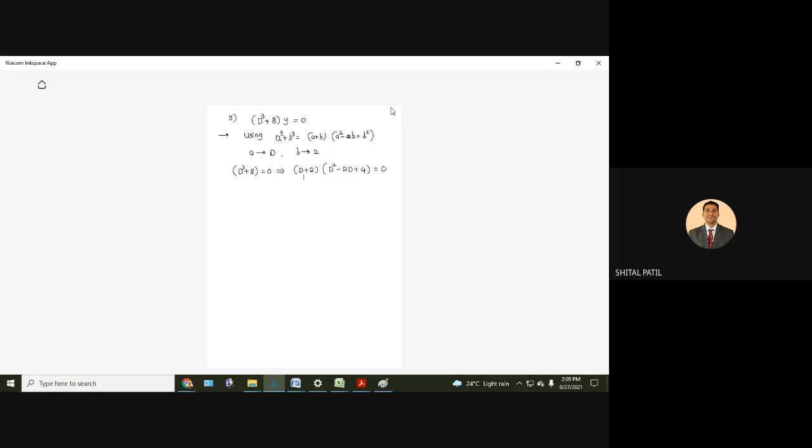And I think we solved this example before. B square minus 4ac divided by 2. One plus minus root 3.